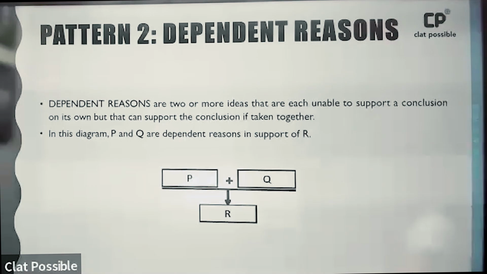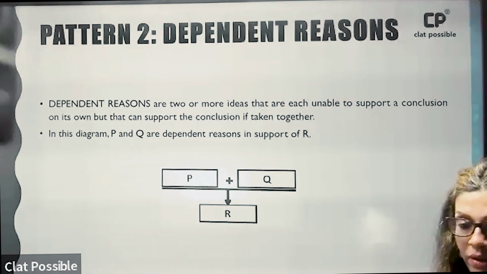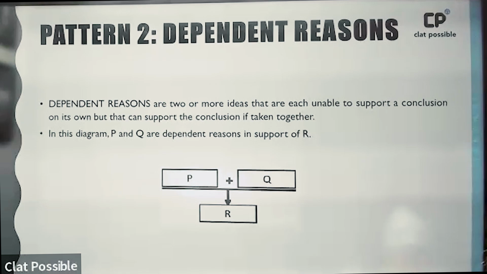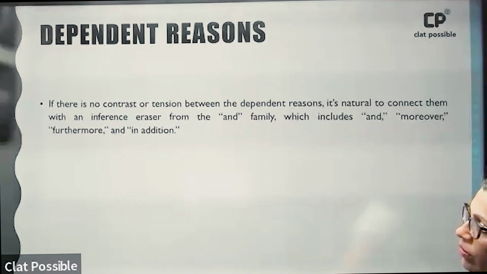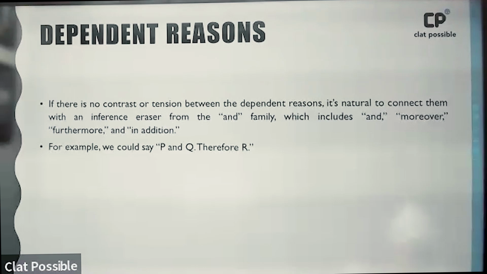So this, only one may not lead us to the conclusion. Both together have to be present. You may have read some of these types of questions, and method of reasoning questions will further elaborate it, that the author is trying to say C, which is made up of P and Q. So we have to say P and Q, therefore R. Simple.